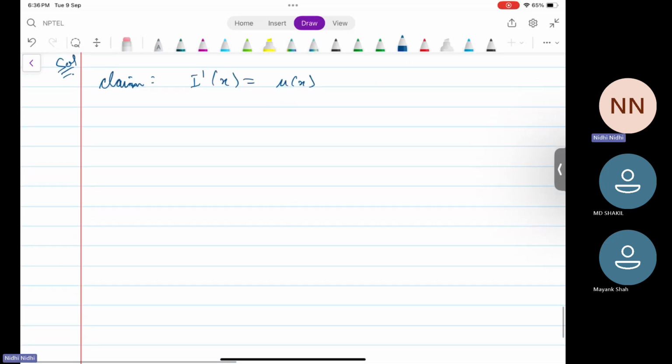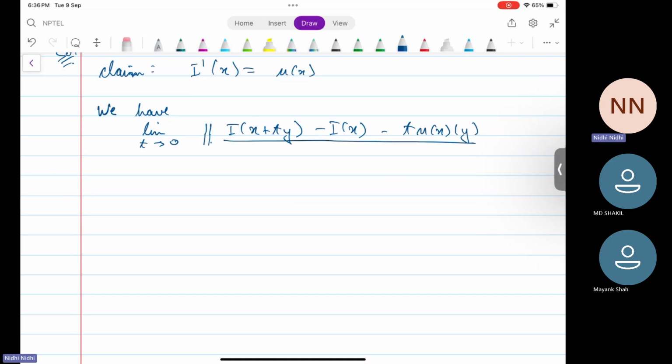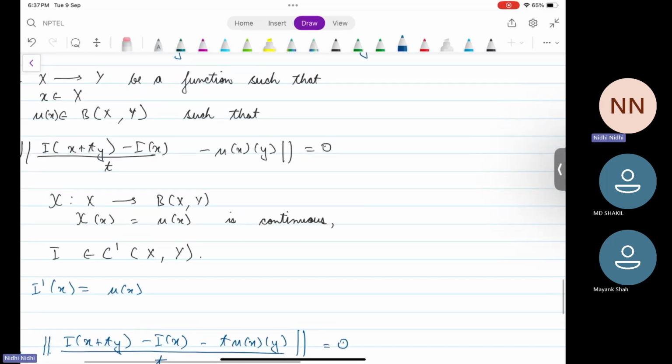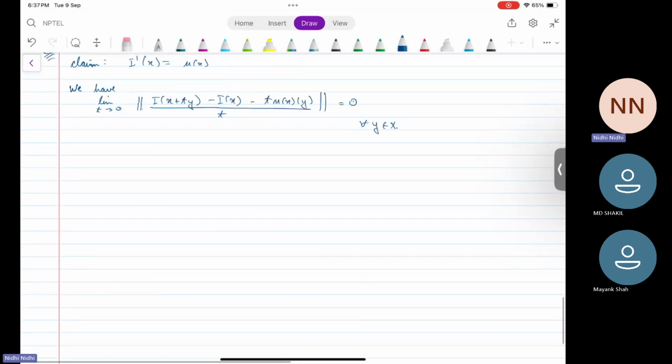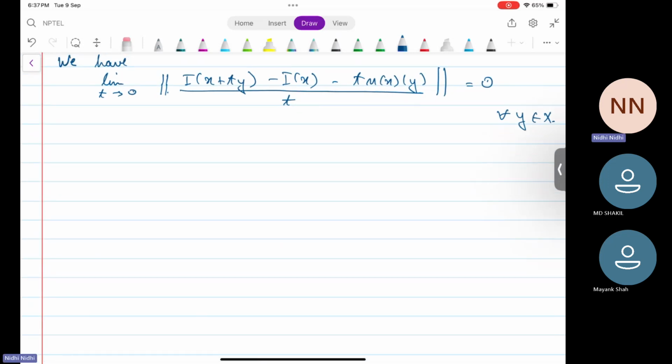Let's see. We have the limit as t tends to 0 of (I(x + ty) - I(x) - t ux(y))/t, which is given to be 0, and this happens for every y in X. Now, since ux is a bounded linear function, it is linear.